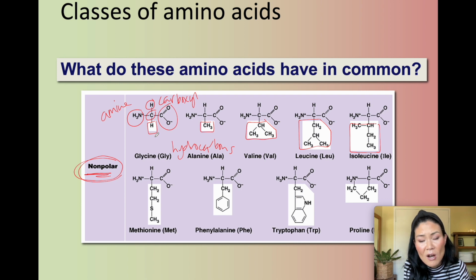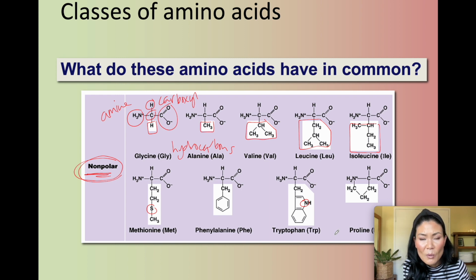They're going to be nonpolar, okay, nonpolar. I do see some elements here that are not hydrocarbons. However, they are surrounded by hydrocarbons, and so they kind of get lost in there. So that's why overall it's going to be a nonpolar R group. So what about these amino acids, right?